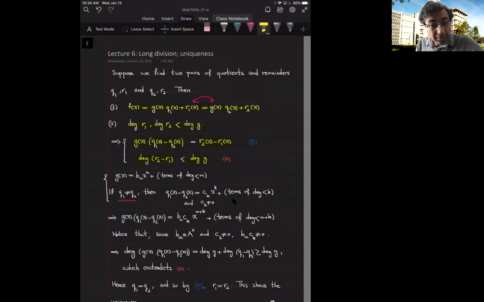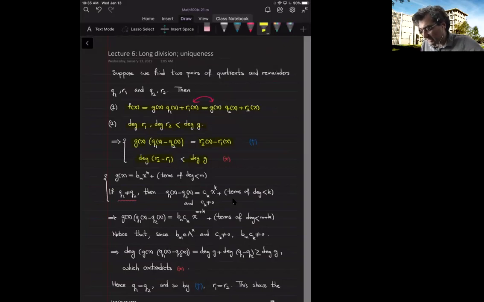But here it's an arbitrary unital ring, so you have to pay a bit more attention. And the reason that we still have this, the fact that degree of product is the summation of degrees for this particular case, is because the leading coefficient of g is a unit.